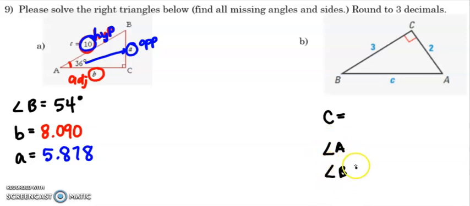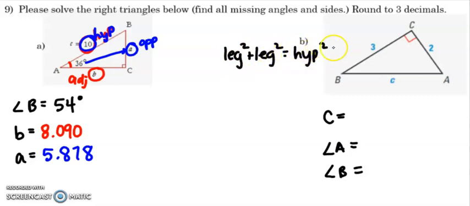Well, just like the last one where I used properties of triangles to find my 54 degrees, here to find C, I can rely on the Pythagorean theorem. Remember, the Pythagorean theorem says a leg squared plus a leg squared will equal the hypotenuse squared. Okay, or A squared plus B squared will equal C squared, which is conveniently labeled C for us.